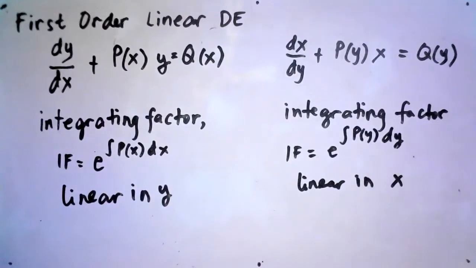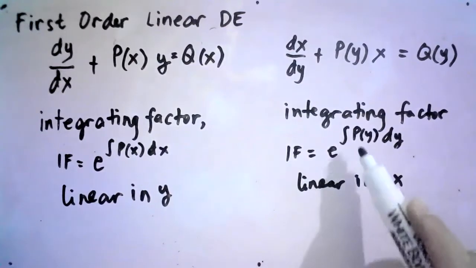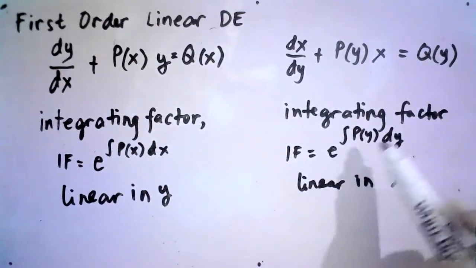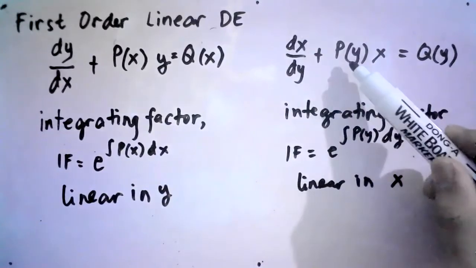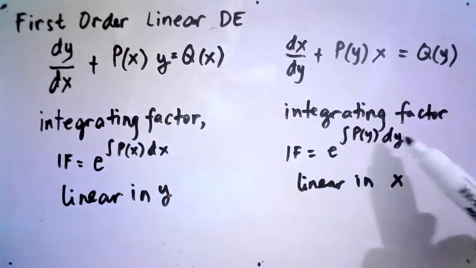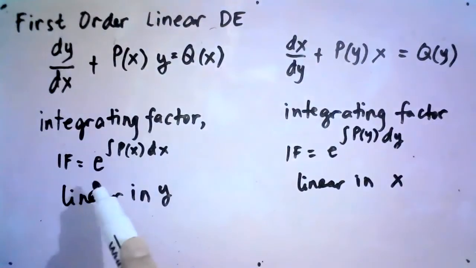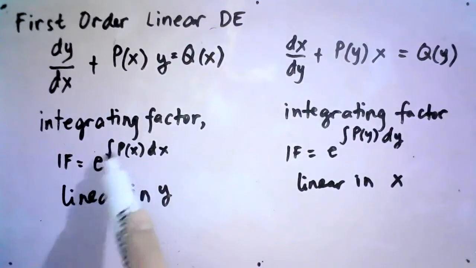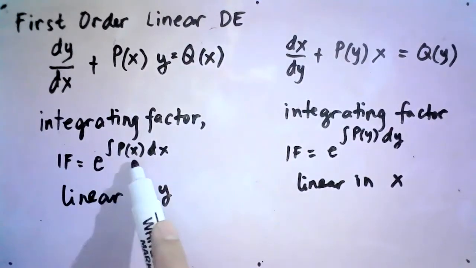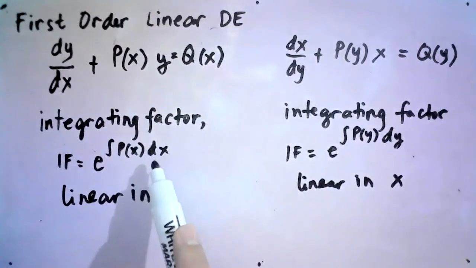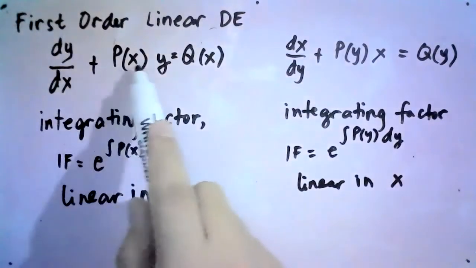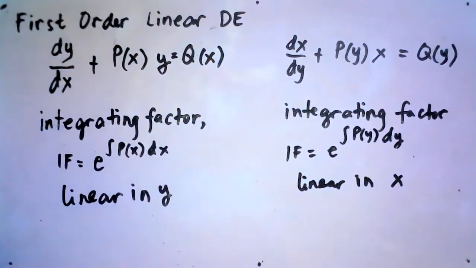So if this is the case, our integrating factor or IF is equivalent to e raised to the exponent of the integral of p of y dy. Whatever the value of p of y here, you have to write it here. Again, for the other case, your integrating factor equals e raised to the integral of p of x dx, where p of x is this one.